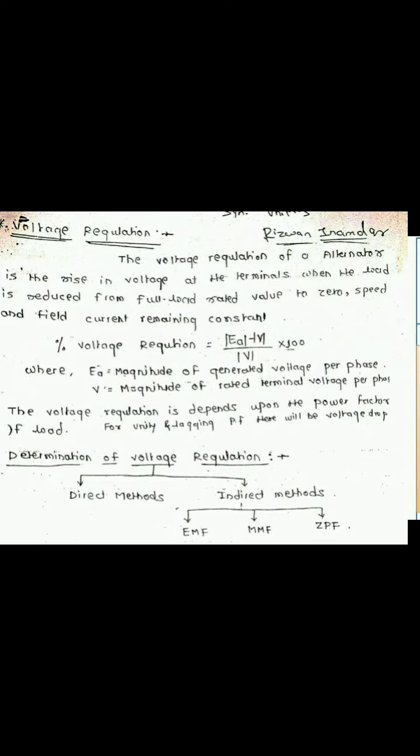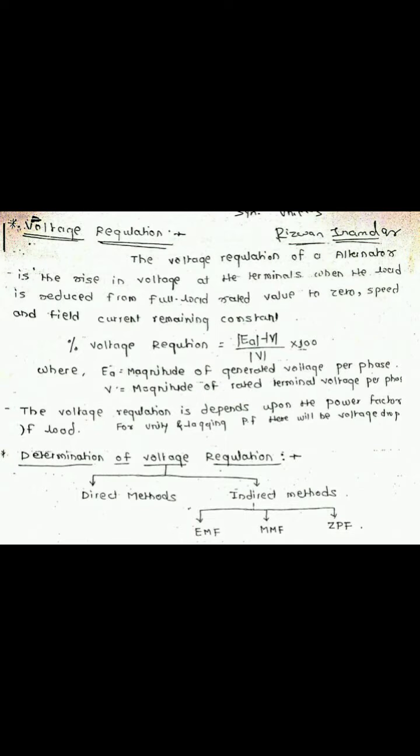But for an alternator, the voltage regulation is given by mod of EA minus mod of V divided by mod of V into 100, where EA is the magnitude of generated voltage per phase and V is the magnitude of rated terminal voltage per phase.